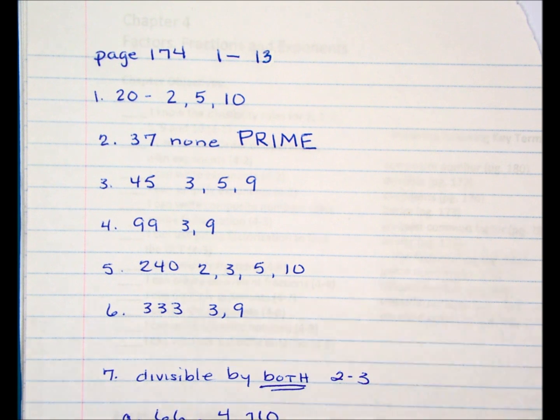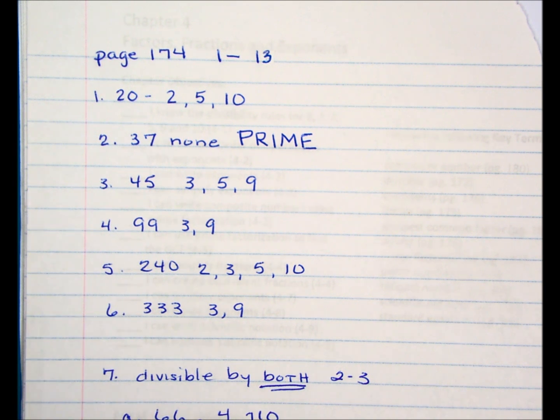Then it gives you an opportunity in number 7 to discover something new about divisibility. It asks you to find the two numbers that were divisible by both 2 and 3. So when we added them up, we found that 6 and 6 is 12, so it was divisible by 3, and it ends in an even number, so it was divisible by 2. So was 4,710.